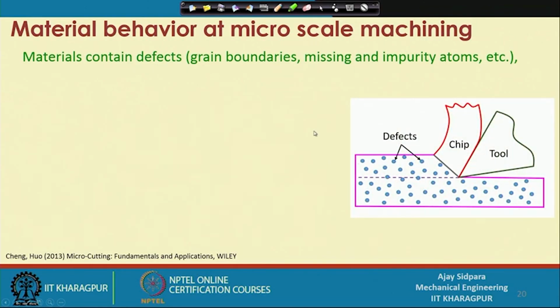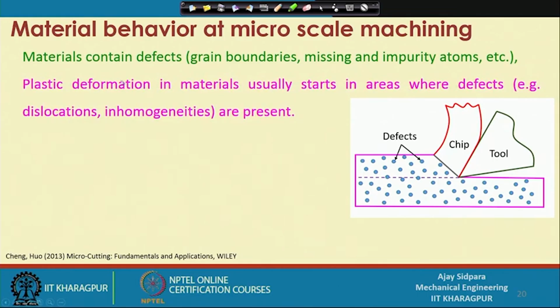So, we have seen in the earlier slide that many things are created or nucleated because of the presence of these particular defects. Plastic deformation in materials usually starts in areas where the defects are present. Now suppose this is the particular condition. This is the point of contact between the tool and the workpiece material.